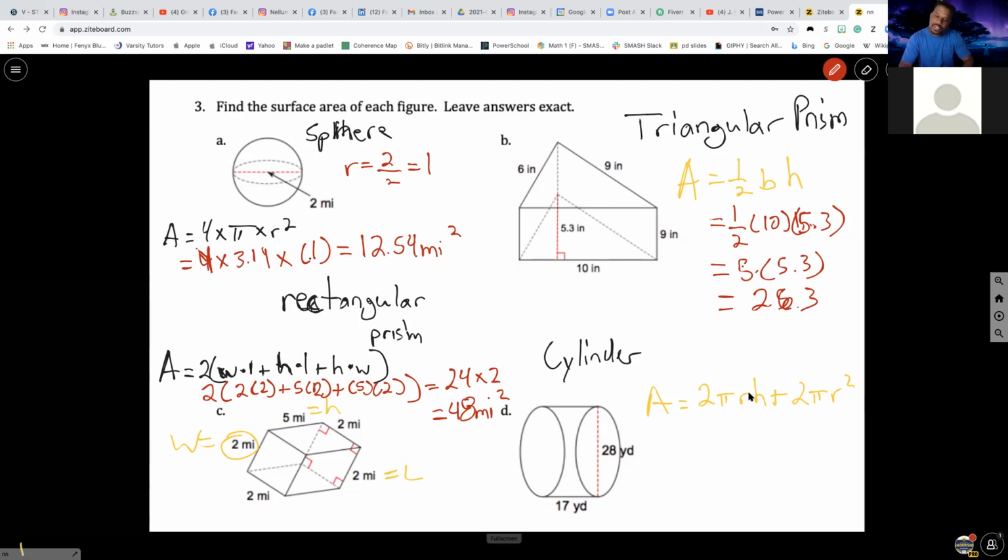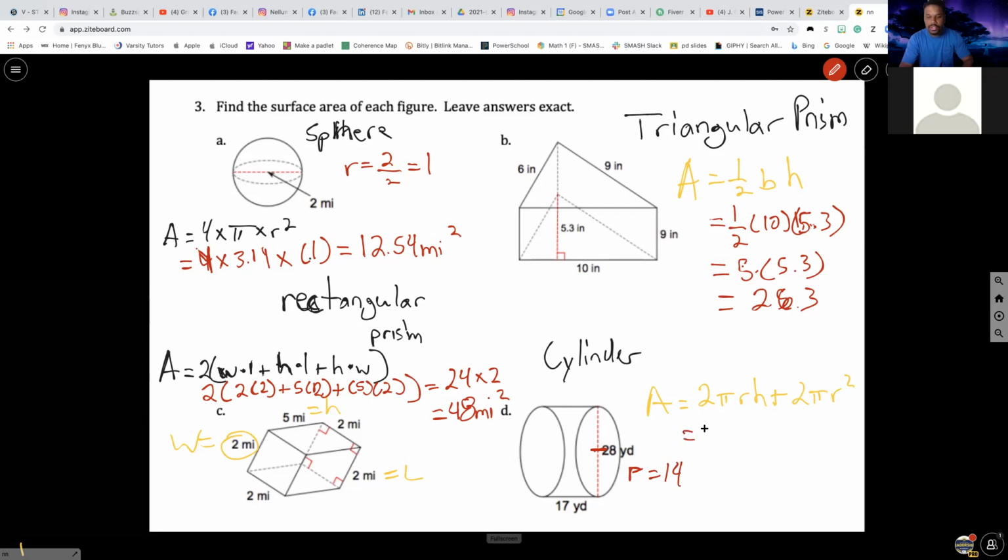All right, and then a cylinder, you see you have the radius from the diameter. So that's going to be half of 28. So 28 divided by 2. That's 14. All right, so the radius is 14 and the height is 17.